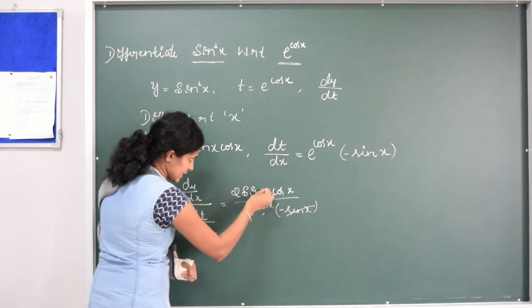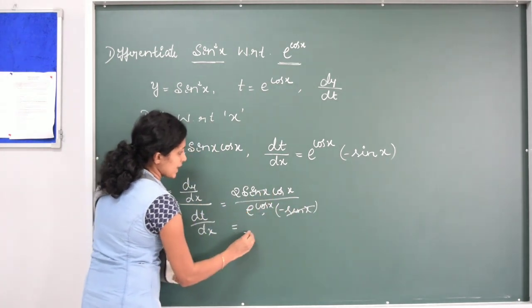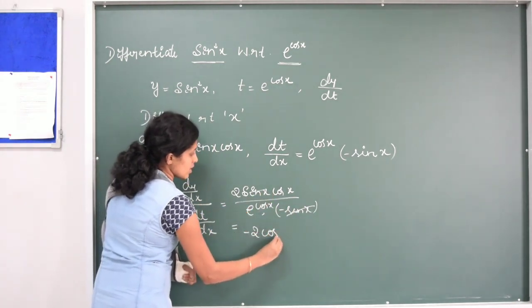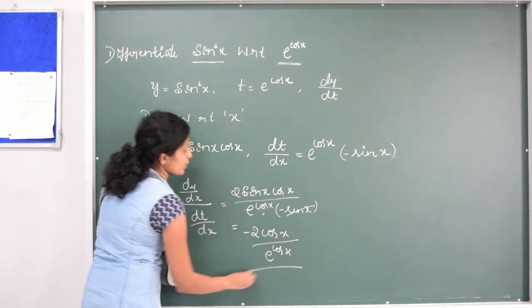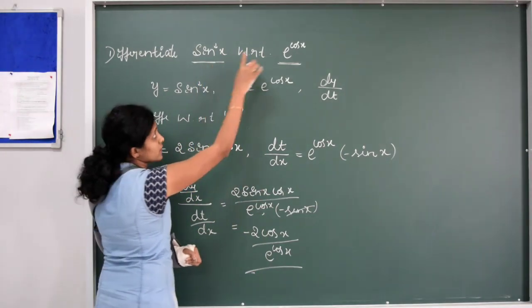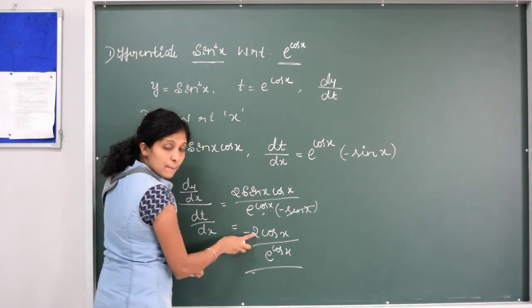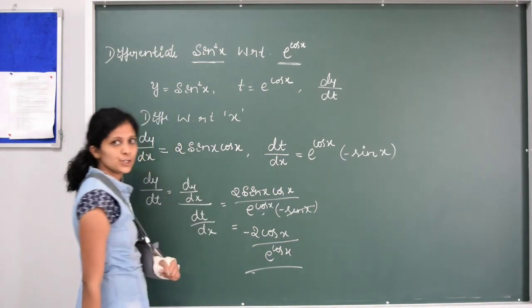But sin x will get cancelled. So this is equal to minus 2 cos x whole divided by e to the power cos x. So derivative of the function sin square x with respect to e to the power cos x will be minus 2 cos x divided by e to the power cos x.